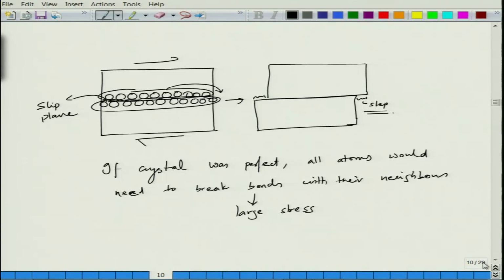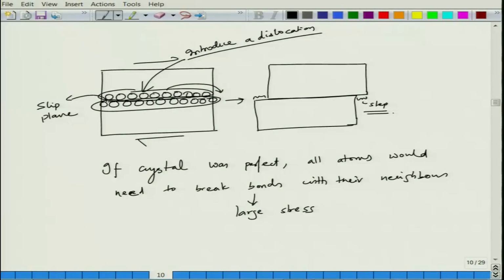Instead of moving all the atoms, what we do is introduce a dislocation. In that case, the bond breaking is not at the scale of all the atoms; only a few, or maybe one atom, needs to break its bonds with the neighbors and moves gradually from one place to another, requiring much lower stress. Now we are sort of running out of time. We will look at this in a little more detail in the next lecture.